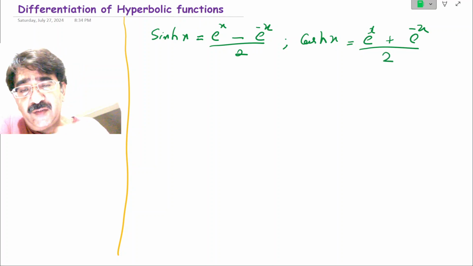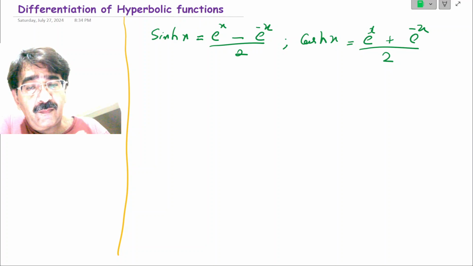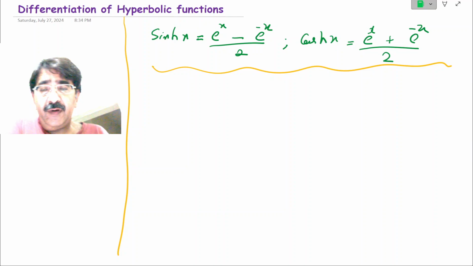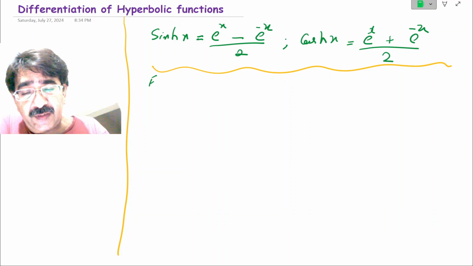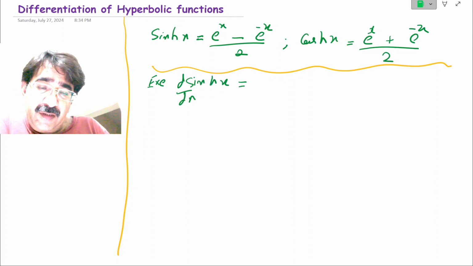So now by using these formulas, we may calculate the derivative. The first exercise is the derivative of sinh x. What is that?